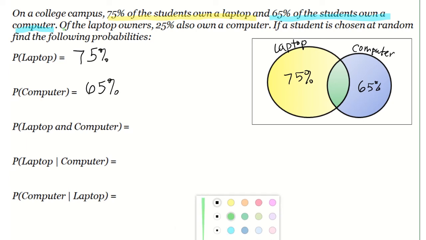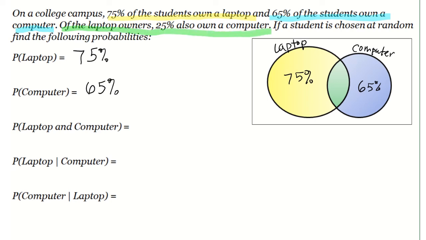And we can see the problem says of the laptop owners, 25% also own a computer. Now this one, the way that it's worded is a little tricky. If you're not paying attention, you're going to think that that intersection is 25%. But what the problem is telling us is that 25% of the laptop owners own a computer.